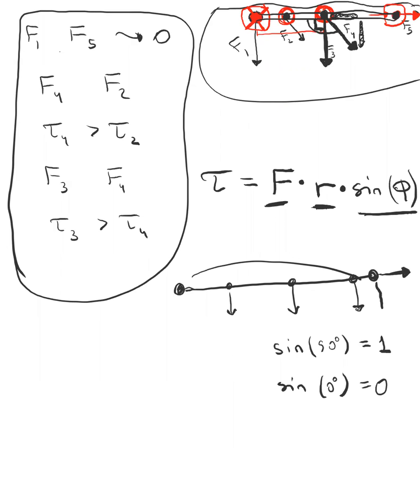And if the force is like this, if it makes a 90 degree angle, then the sine is 1. And since sine for any angle is between -1 and 1, it can never be more than 1. This means that the most optimal angle that you can make to rotate objects is the 90 degree angle.